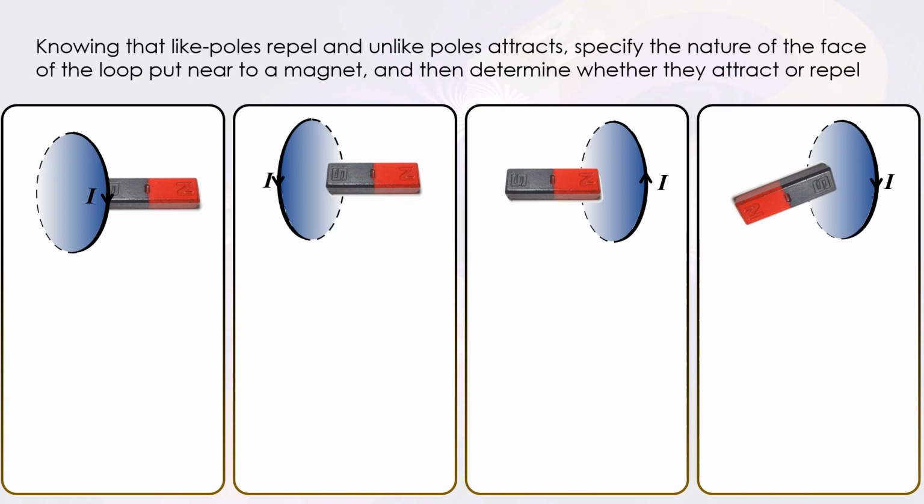Notice, always the solid line is the frontal side. The magnet is placed close to that. All you need to do is, knowing that like poles repel and unlike poles attract, specify the nature of each face of the loop near the magnet, and then determine whether the magnet and the loop in this scenario attract or repel.